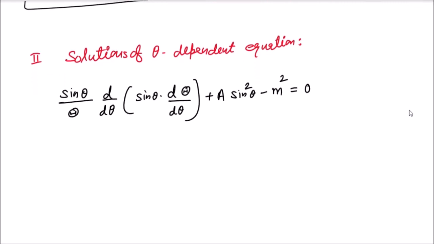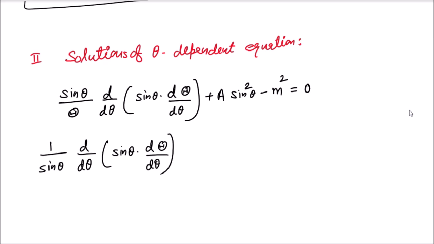Okay. So now rearrange this equation. It becomes 1 upon sin theta d by d theta of sin theta into differentiation of the function of theta with respect to theta plus a.